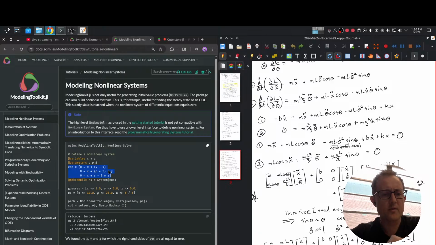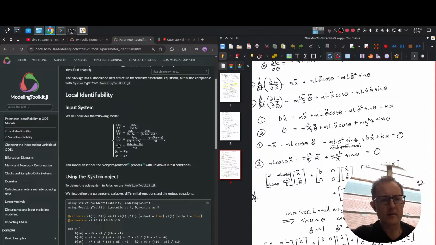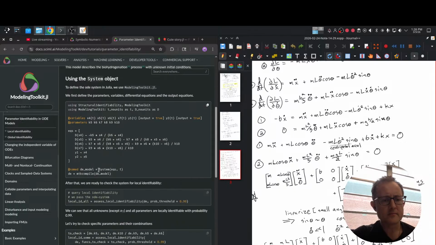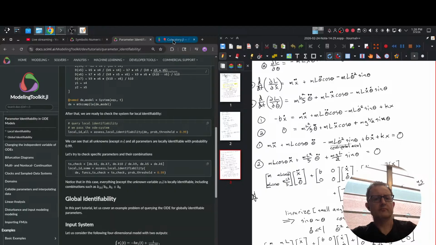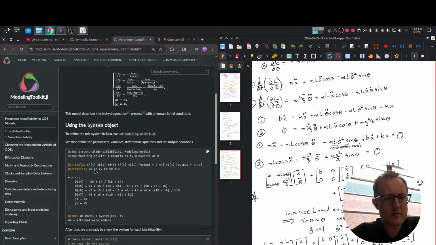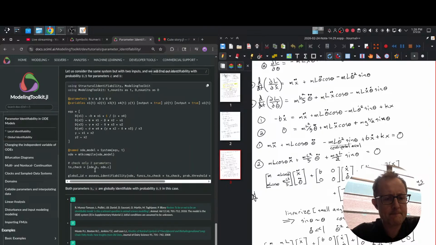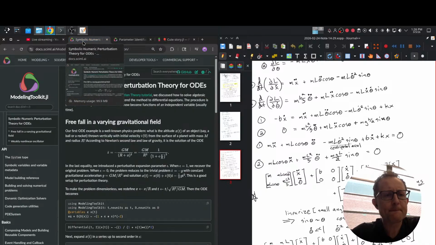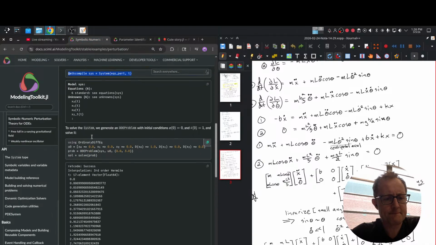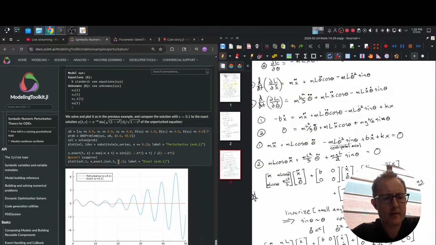What are these derivatives? Okay. Weakly nonlinear oscillator.